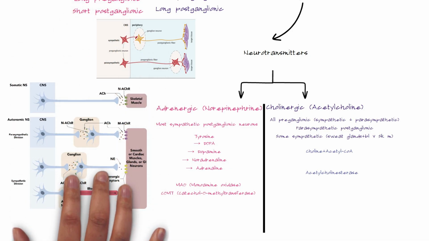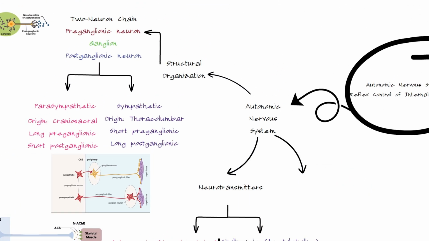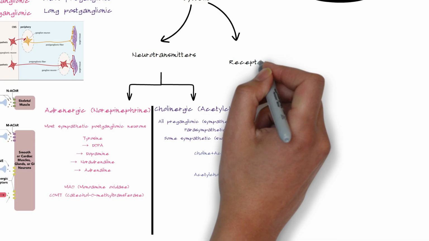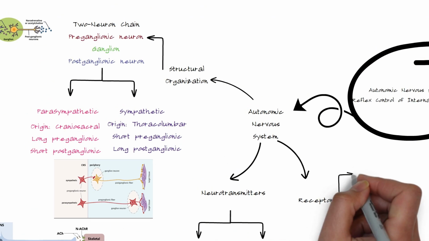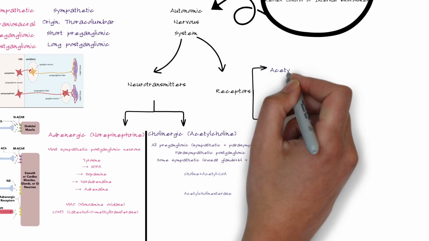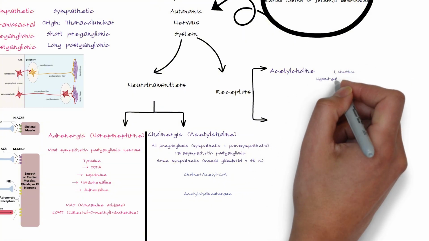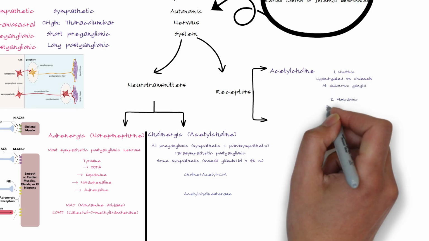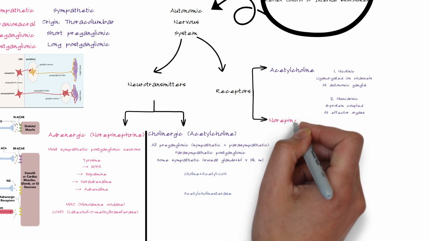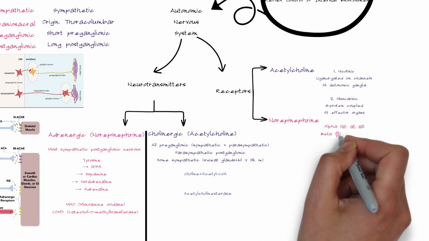For acetylcholine, we have two types of receptor. The nicotinic receptor, which is ligand-gated channel and located mainly in the autonomic ganglia, and the muscarinic, which is G protein coupled, and it's located in the effector organs. Regarding the receptors for noradrenaline, the adrenergic receptors, they are all G protein coupled and they are classified into alpha 1, 2, and beta 1, 2, and 3, and they are present in the target organs.